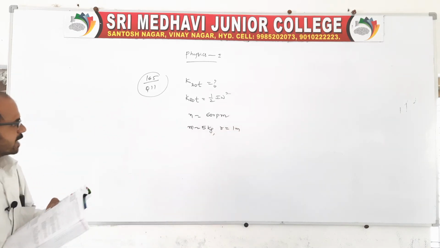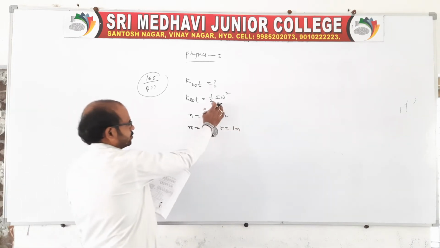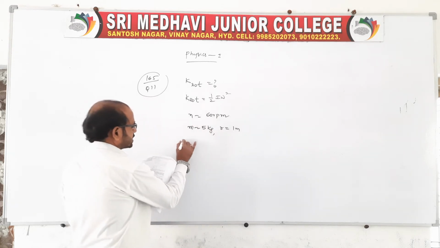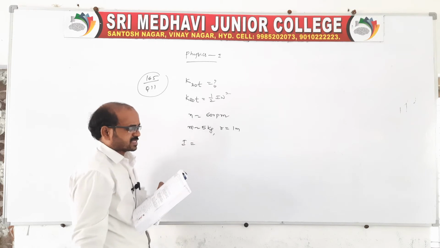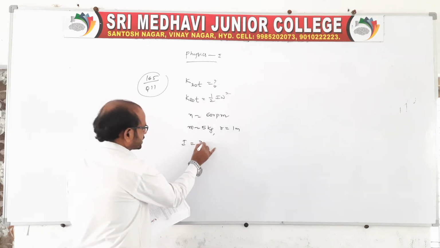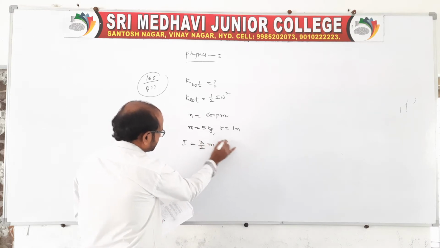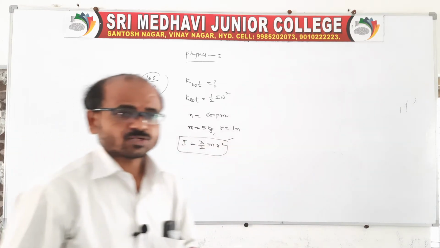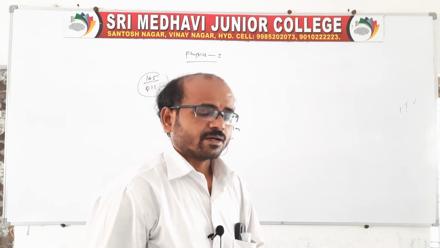Here we should get omega as well as the I value, because I is not given. So what is I? It is for an axis passing through the center and perpendicular. In the previous class I told you about a circular disc. For this case, what happens? 3 by 2 mr square. Directly you take it. Refer to the previous class notes, because we discussed disc and ring like that.